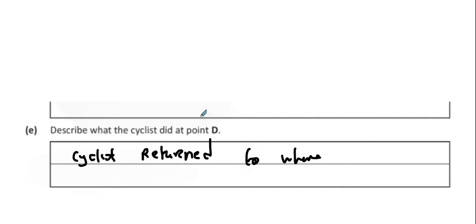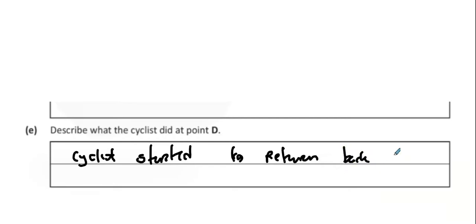Or cyclist started to return. I suppose at point D he hasn't returned yet, so cyclist started to return home. It's like the start of return back to where he started the journey.